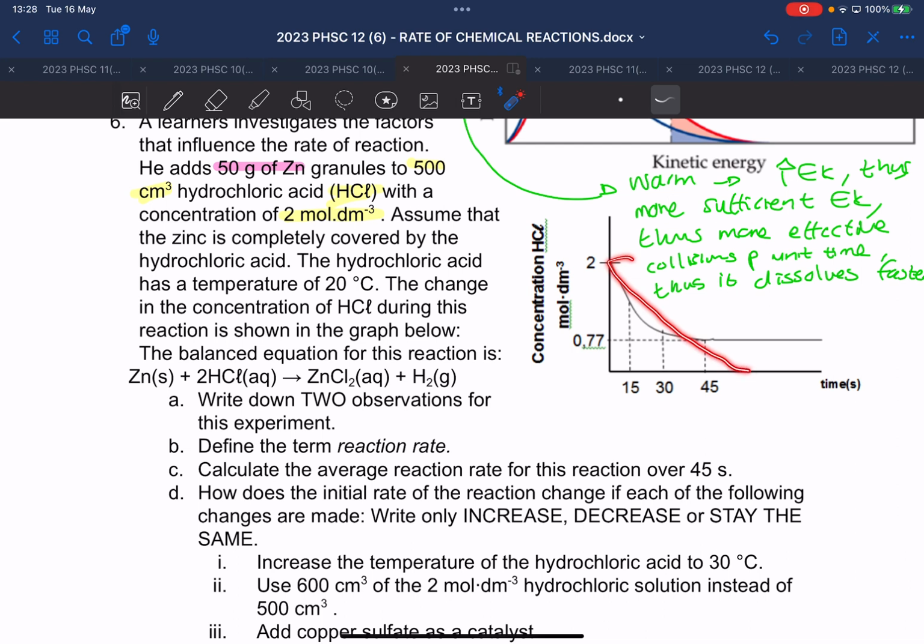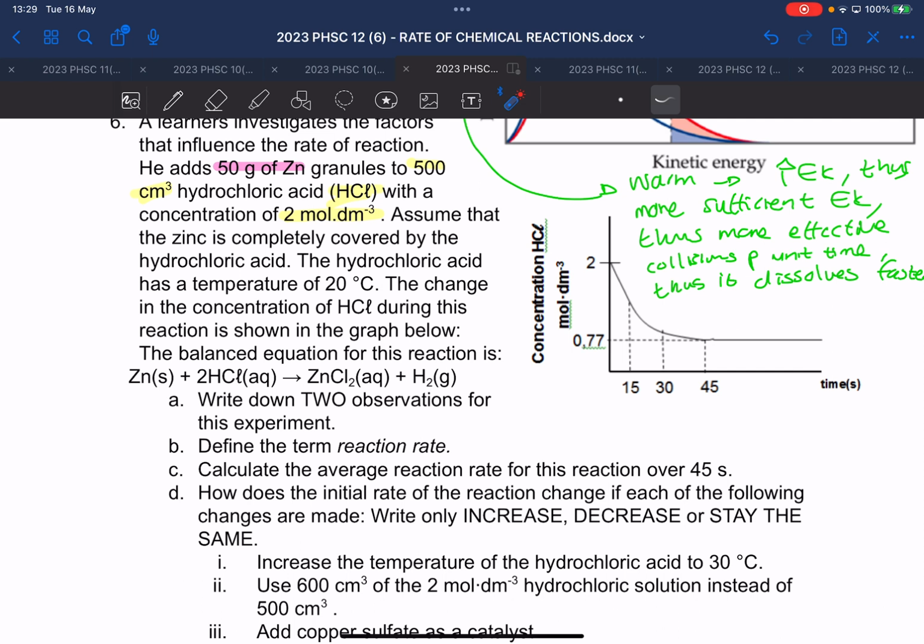But does it go all the way to zero? No. So there's some hydrochloric acid left over. So which one between the hydrochloric acid and the zinc is our limiting reactant? It will be zinc. Since there's some hydrochloric acid left over at the end, it means it was more than enough. So our zinc was our limiting reactant.